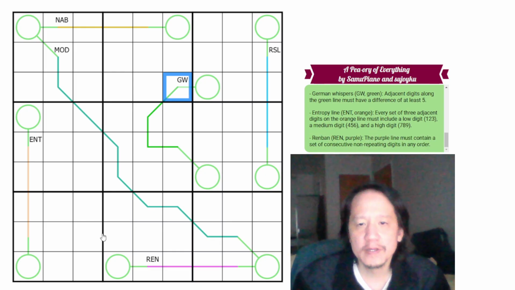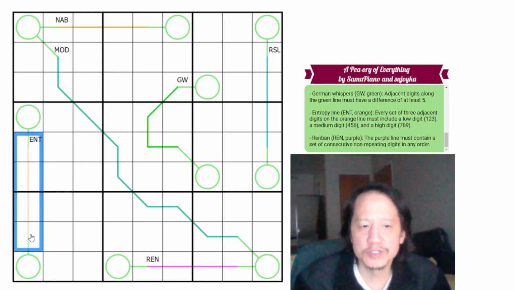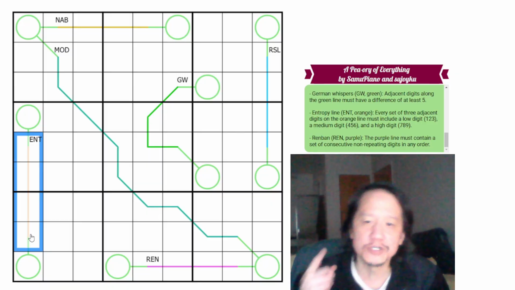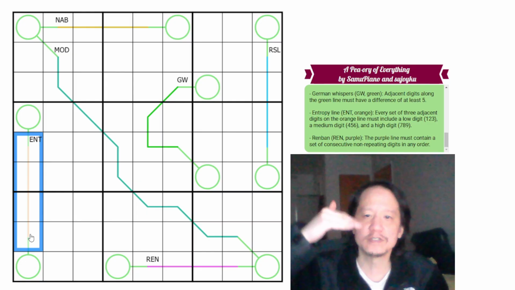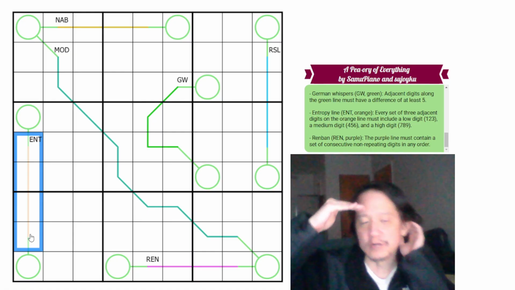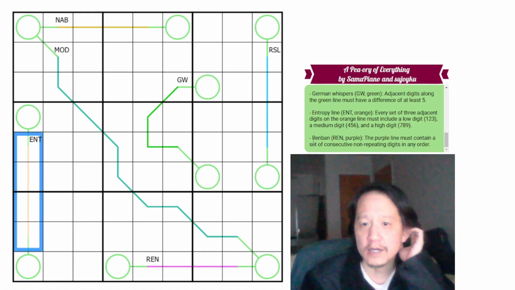Entropy line. ENT, orange, so it's this one. Every set of 3 adjacent digits on the orange line must include a low digit, 1, 2, or 3, a medium digit, 4, 5, or 6, and a high digit, 7, 8, or 9. So it's like the modular line.